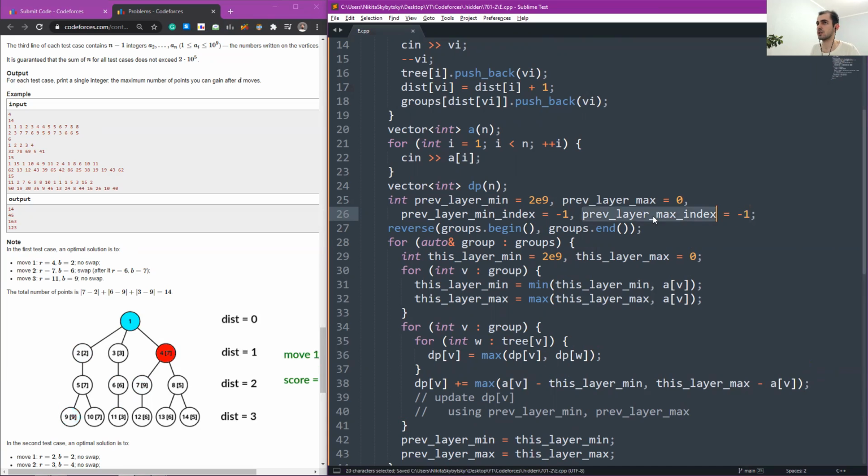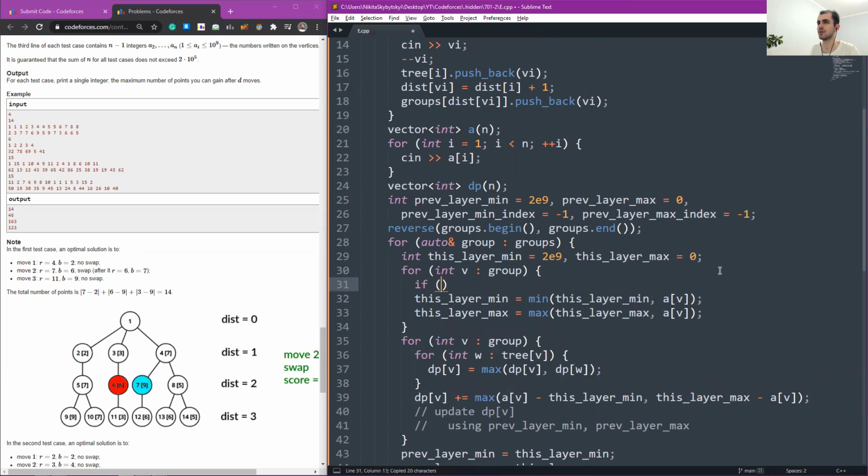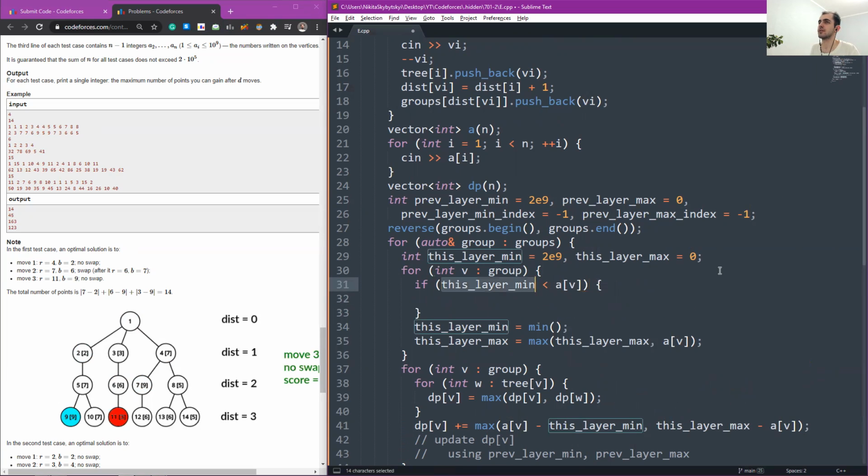We want index. Yeah, I know. This is smaller than this. First thing we want to assign this.